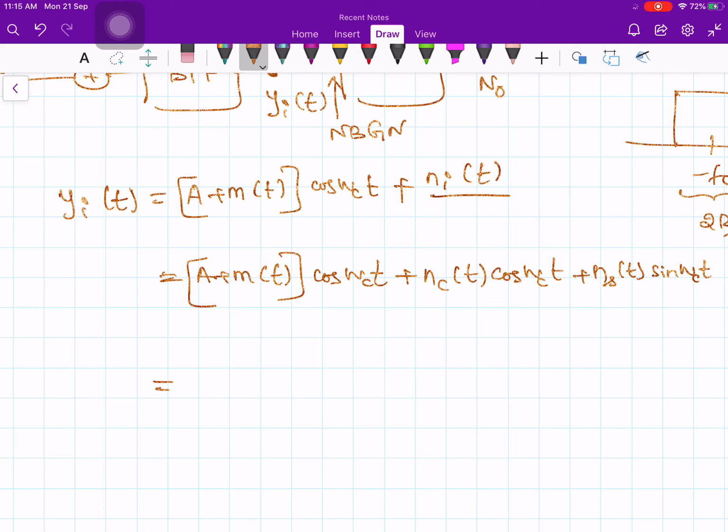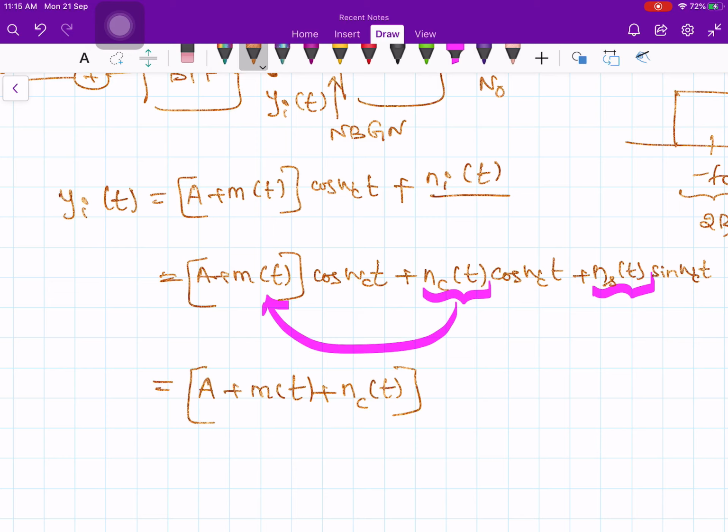These are in phase components and this is the quadrature phase component. So combine these together: A plus m of t plus n c of t, multiplied by cos omega c t, plus the quadrature component n s of t sin omega c t. This is my received signal which is given to the demodulator, I mean the envelope detector.